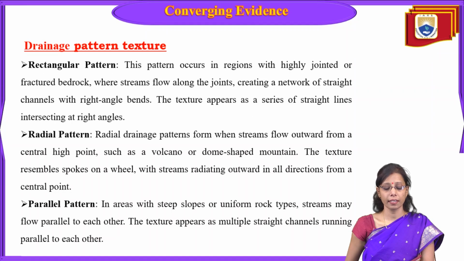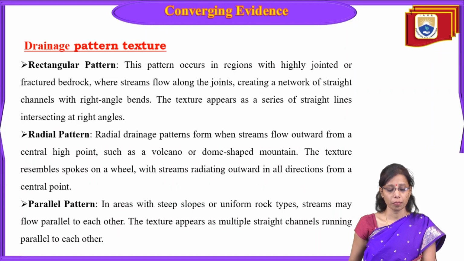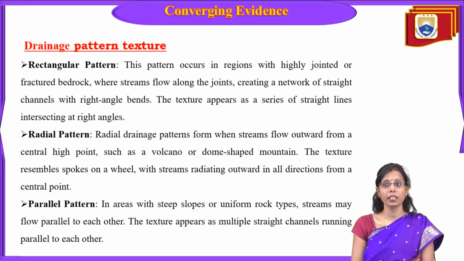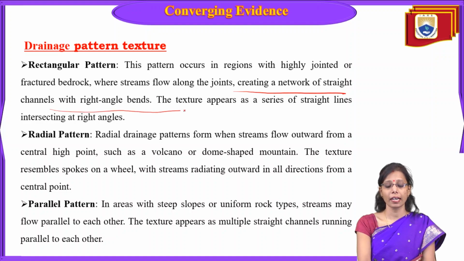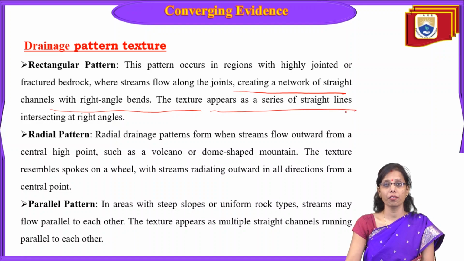Next, let us see the rectangular pattern. This will be in a rectangular way. This pattern occurs in a region with highly jointed or fractured bedrock, where streams flow along the joints, creating a network of straight channels with right angle bends. So based on the topography and the drainage pattern, a detective or interpreter can judge which type of topography it is, right?